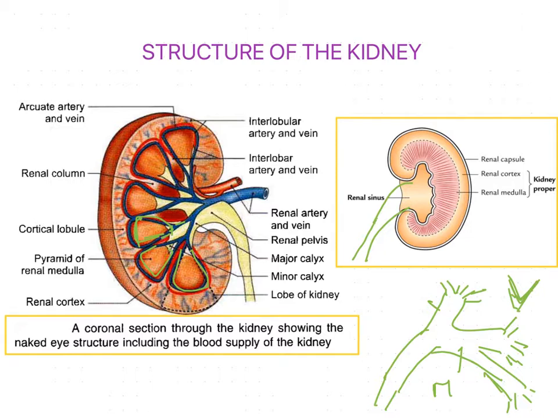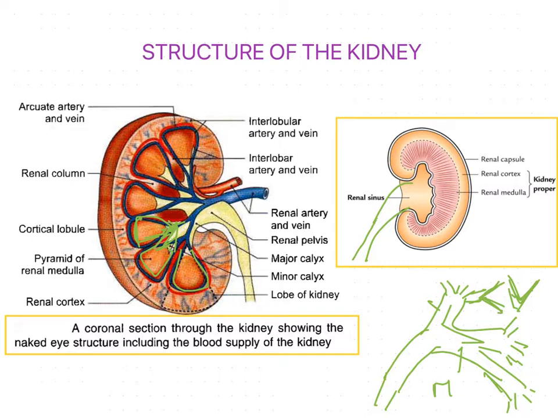Two or three apices of the renal pyramids fuse to form a renal papilla. When we discuss the renal sinus, under it the renal pelvis is divided into major calyx and minor calyx, and each minor calyx is indented with the renal papilla. How is this renal papilla formed?